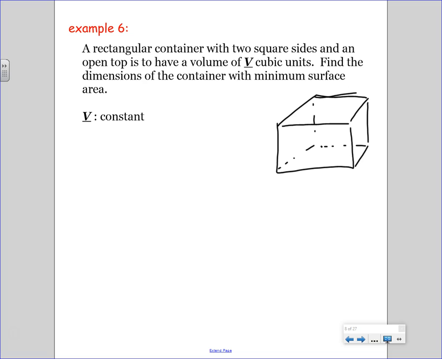It says 2 square sides, so this one I could label as X and X. That would be square, but then this one could be rectangular. Only opposite sides have to be square. The volume is V cubic units. Find the dimensions of a container with a minimum surface area.